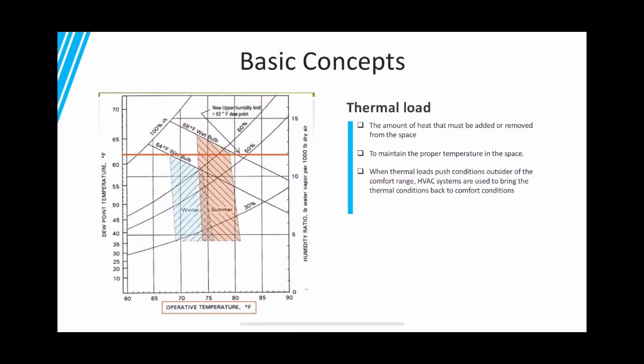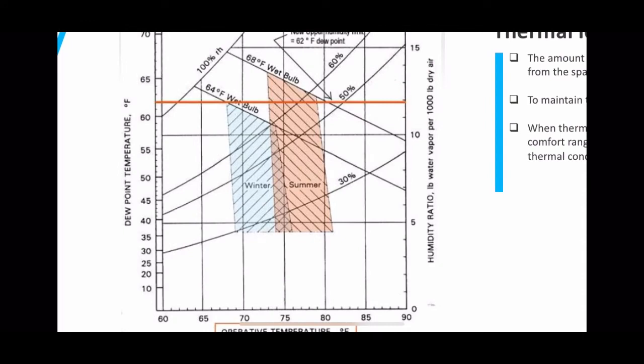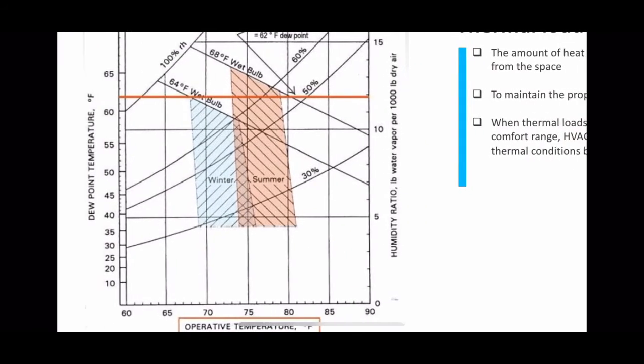So the thermal load, which is the basic concept, is how much heat is going to be removed or added from the space. The objective is just to maintain the proper temperature in the space. On this picture and diagram, the optimum temperature in Fahrenheit, somewhere between winter and summer, is around 75 degrees Fahrenheit.